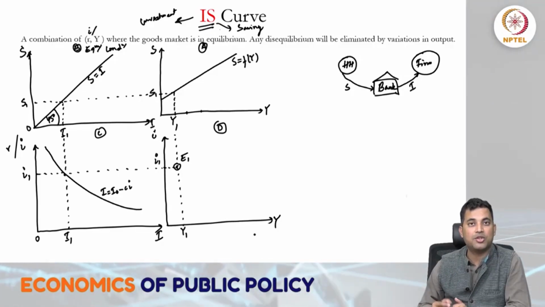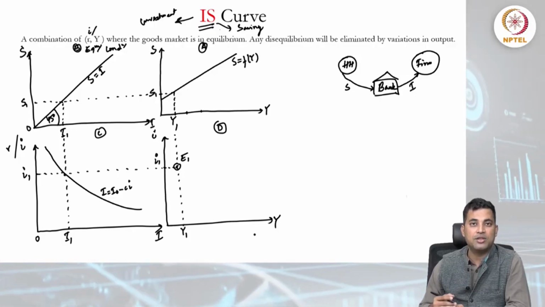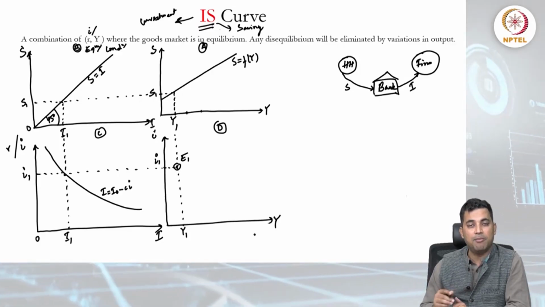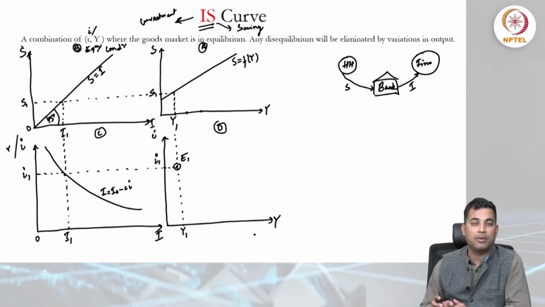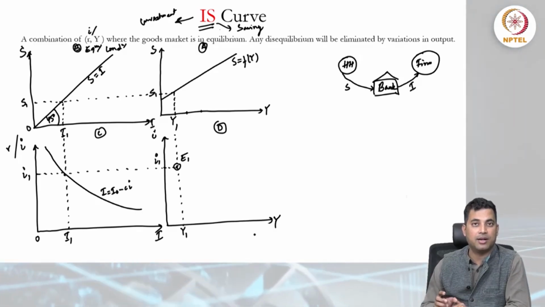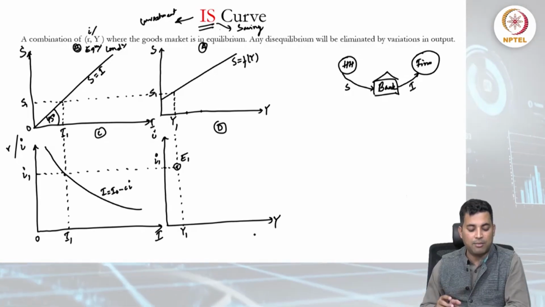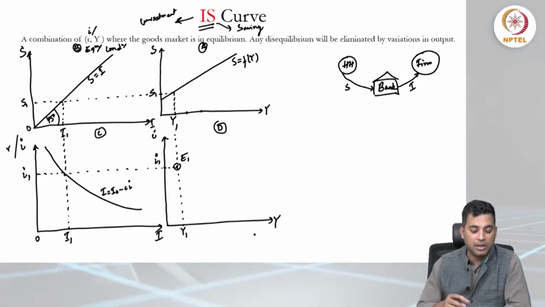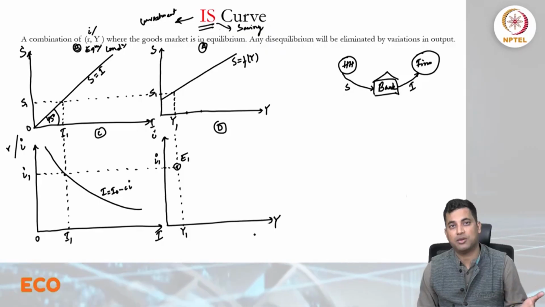Because my intent is to show you what happens when we change. What will be the impact of an equal amount of income, and what kind of savings are we getting? With the equal amount of savings, how much investment? With that particular amount of investment, like OI, what should be the rate of interest?